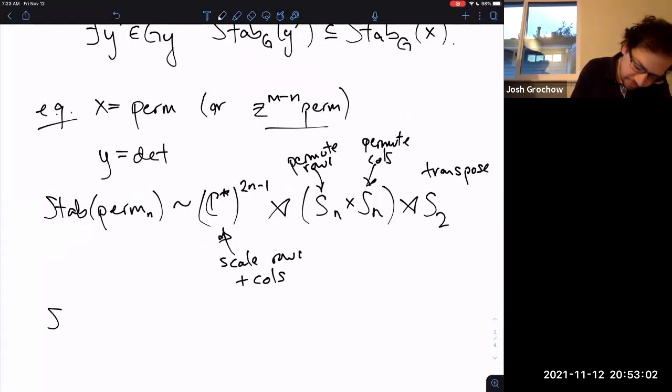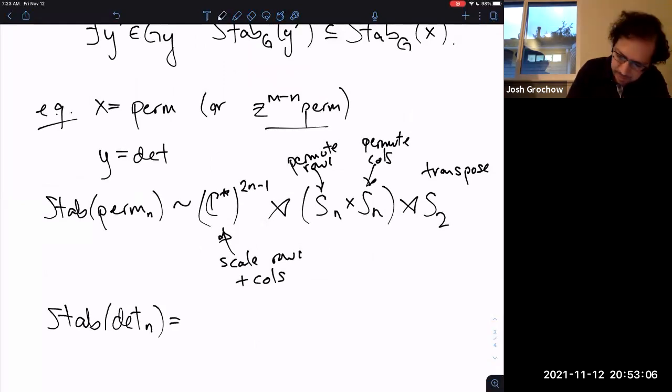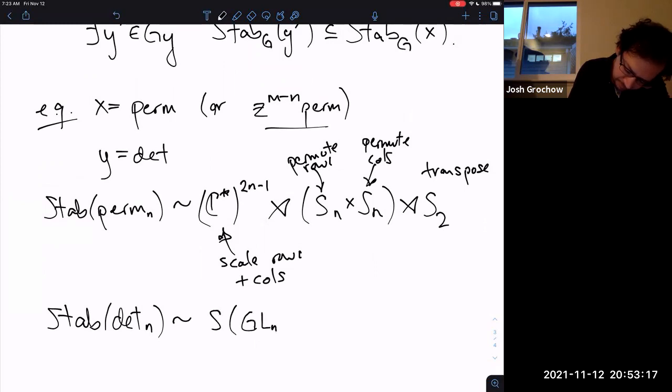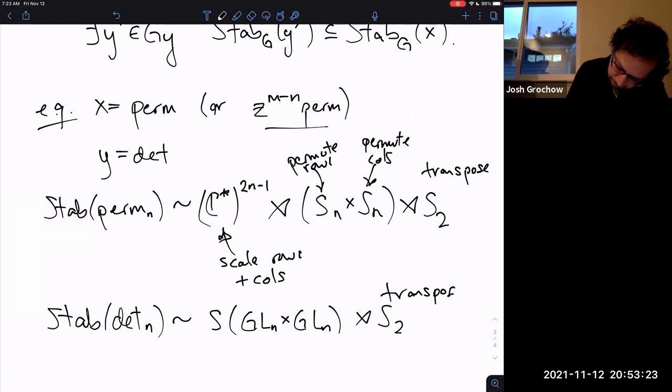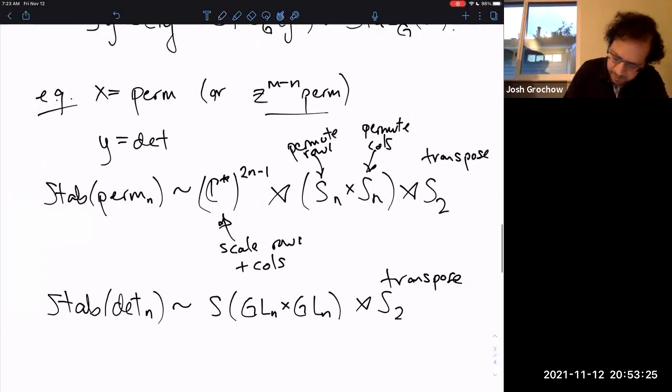Okay. And the stabilizer of the determinant is essentially, I'll write it like this: S(GL_n cross GL_n) semi-direct S_2. So again, this is transpose. Okay, and what does this notation mean?